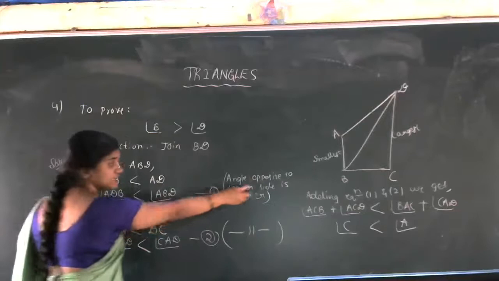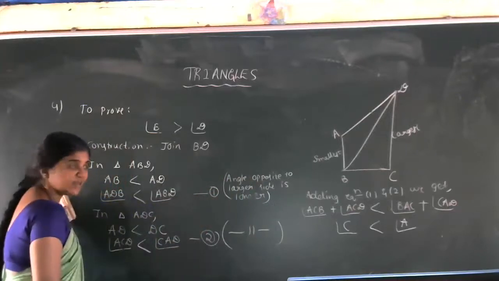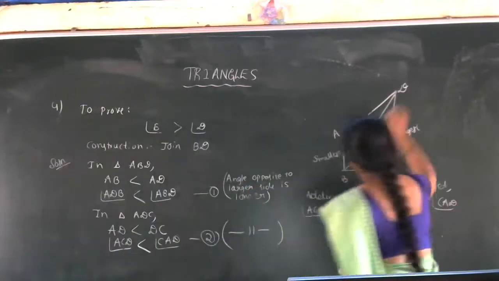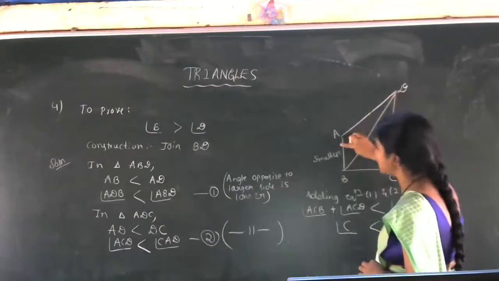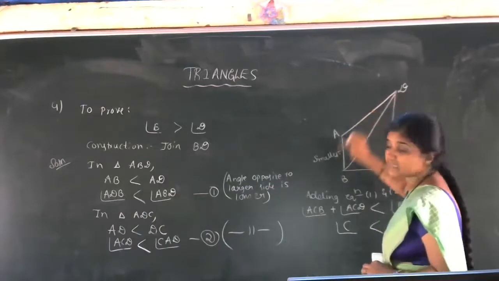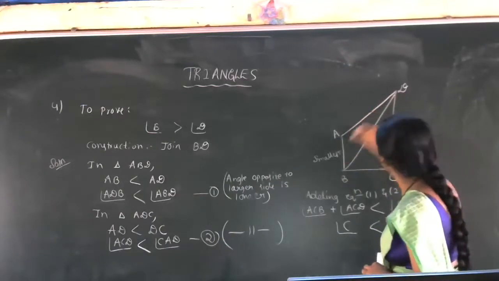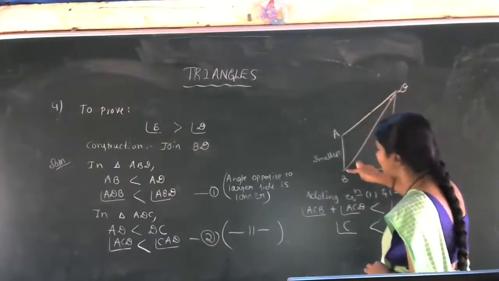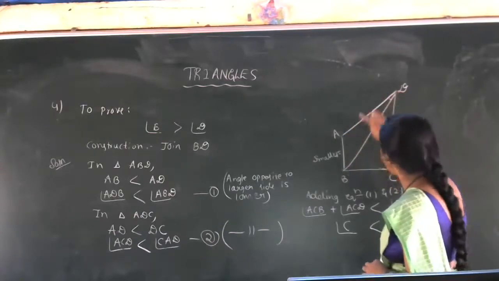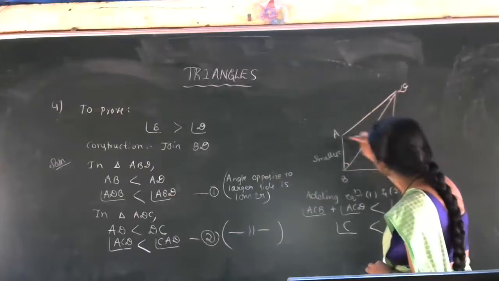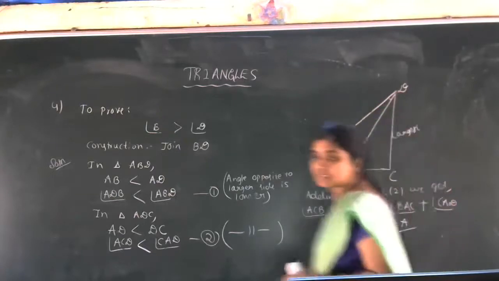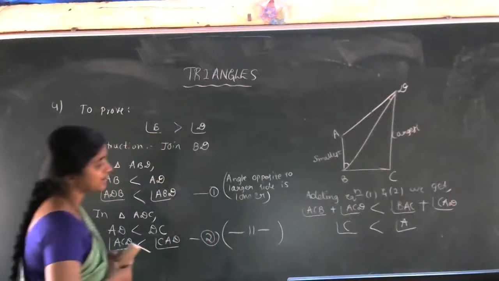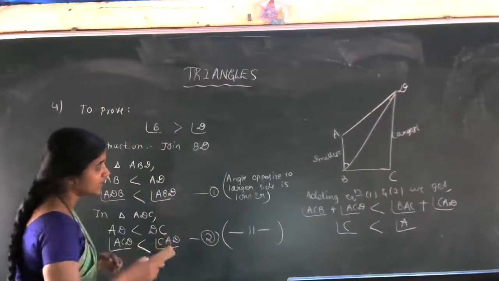Equation number one, same reason. In triangle ABD, AB is less than AD. For the AB side, the opposite angle is angle ADB. And for AD, the opposite angle is ABD. Is that clear? Now another triangle we have to take, which is triangle BDC.